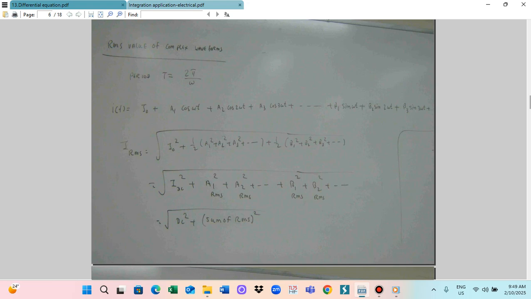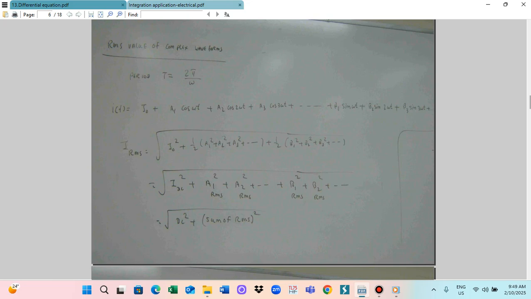Those harmonic waveforms are included in the AC waveform, so that we can write the equation. The period is T equal to 2 pi by omega. This is one period.